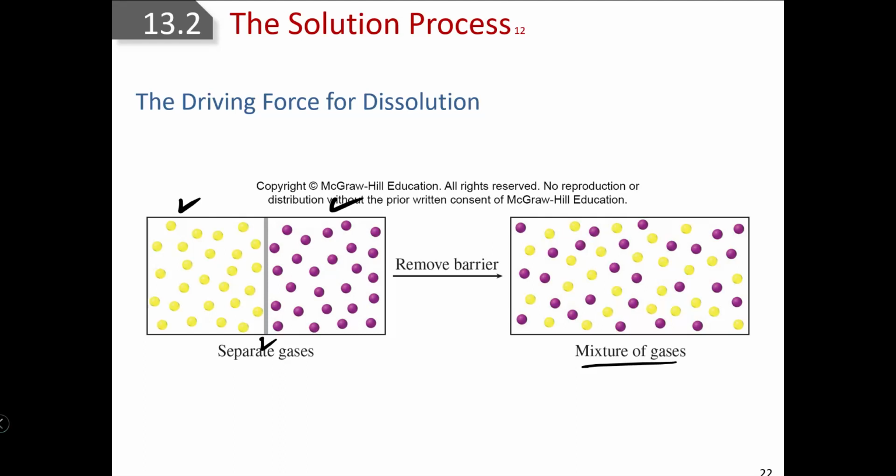And so we see a big increase in entropy, the change in entropy from start to finish. So if that dominates over delta H, then this reaction is going to happen spontaneously. It's going to happen as soon as we take this barrier away. So just keep in mind that entropy is a big driving force for this reaction.